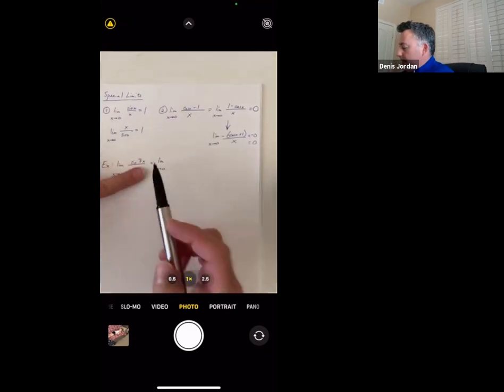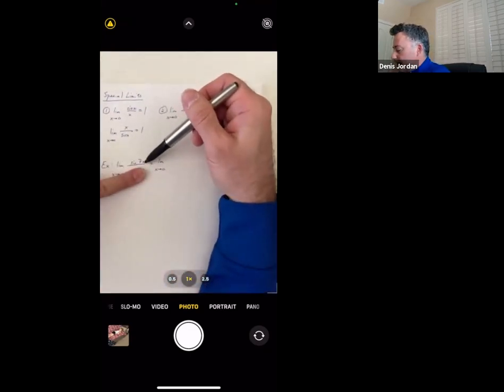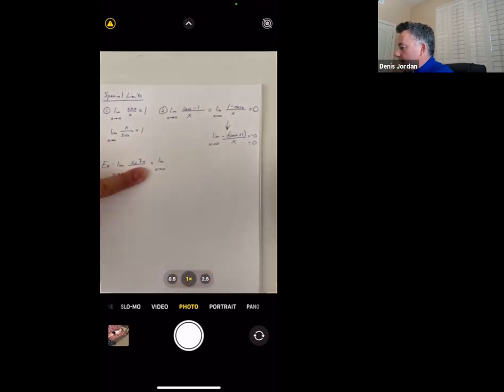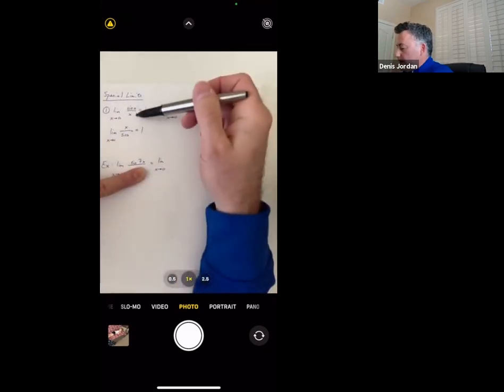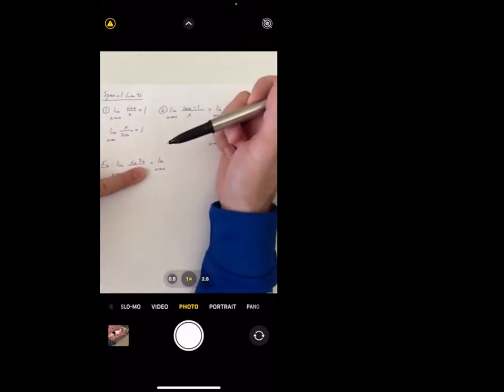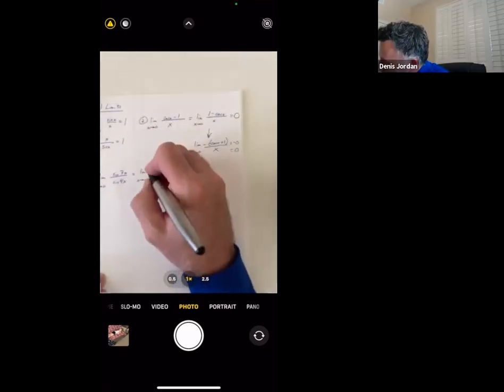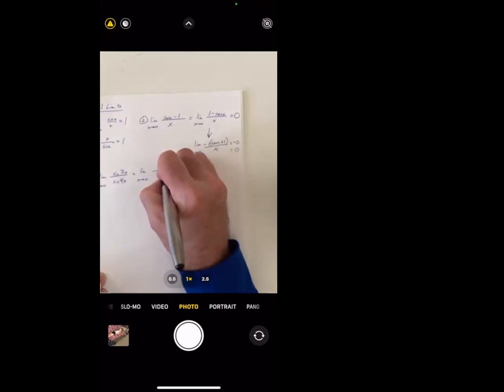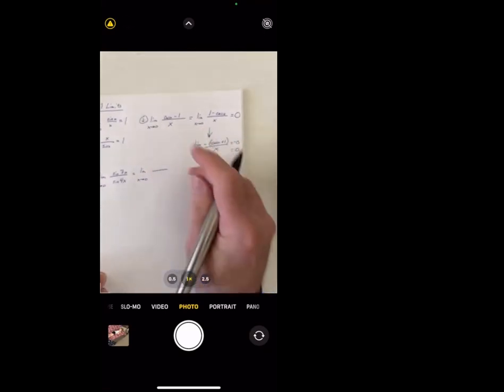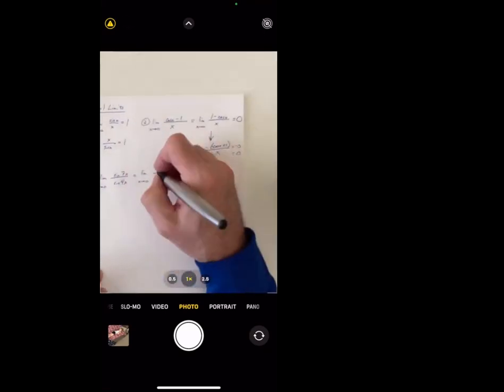So if you just had sine of 7x, what do you want underneath it so that you can use this limit? Also 7x. This is one of those really tricky ones, huh?